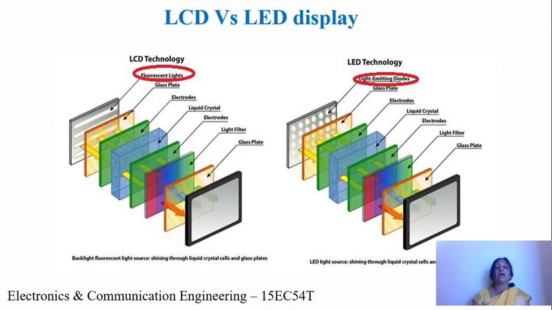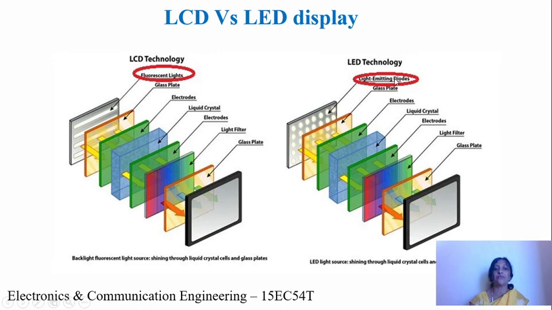If you see LCD versus LED display in the construction, the only difference is in the construction. We use the backlight as CCFL in the case of LCD technology, that is, fluorescent lights are used here. But in the case of LED technology, we use light emitting diodes.